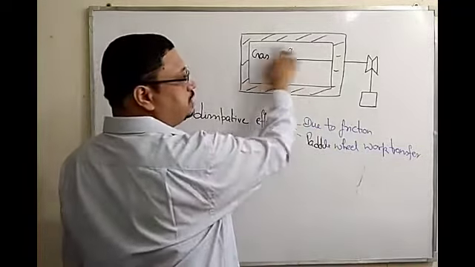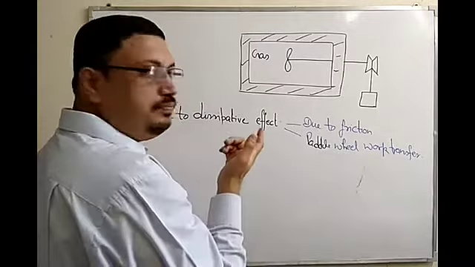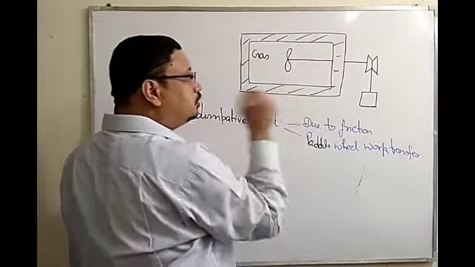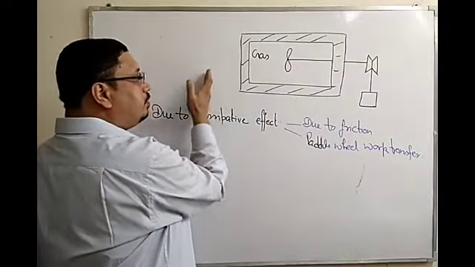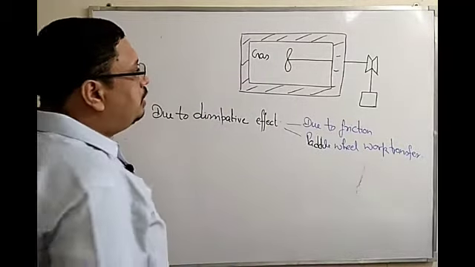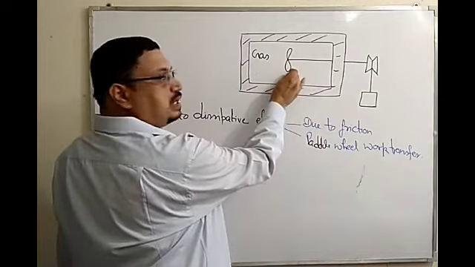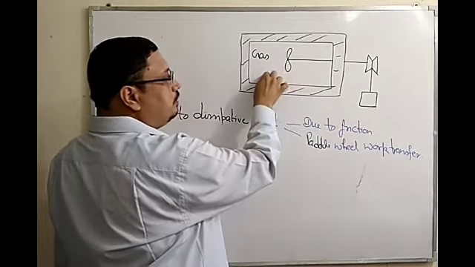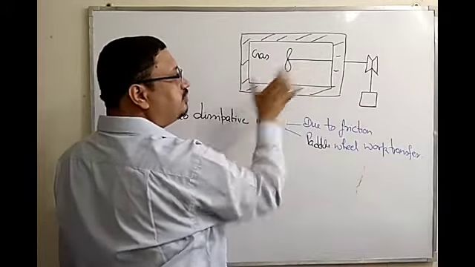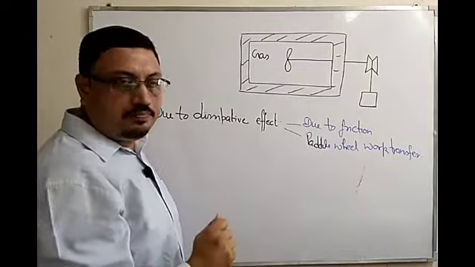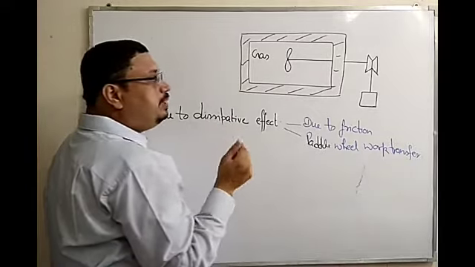Our system is this gas, so there is a work transfer to the system because of the motion of the stirrer, and since there is insulation over here, heat cannot be rejected to the environment. Now this work transfer is stored in the gas in the form of molecular internal energy, and this process will be irreversible.